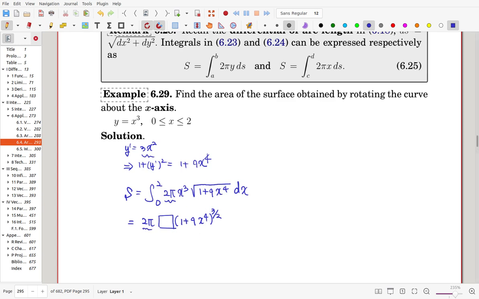And 2 pi we'll ignore for now. After differentiation of this part, we have to get that one. Of course, the evaluation is from 0 to 2.